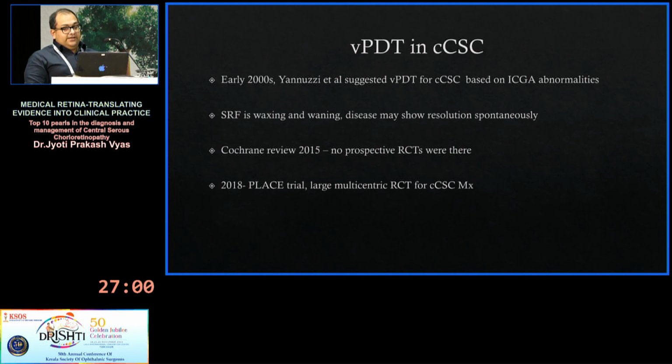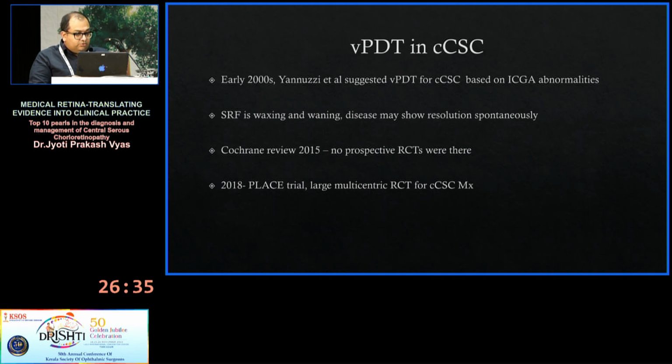In chronic CSCR, Januzzi had initially postulated way back in 2000 that, based on ICG abnormalities, treating with PDT led to a significant improvement in the clinical condition of the patients. And since the SRF is a waxing and waning pattern seen in this disease, they actually followed that treatment only.